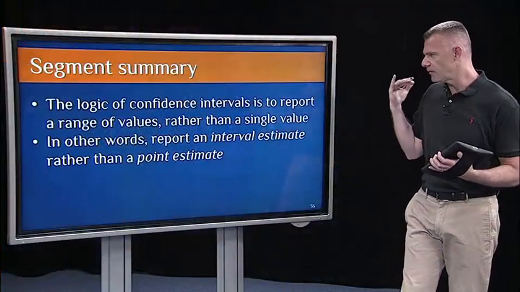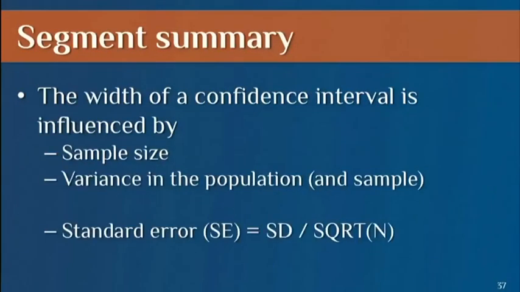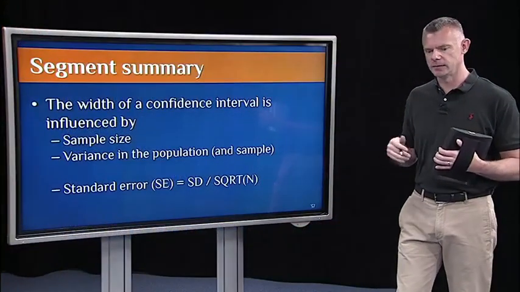So the logic of confidence intervals is to report a range of values rather than just a point. So we report an interval estimate, not a point estimate. And finally, the width of the confidence interval is going to depend on standard error. And standard error depends on sample size and variance in the population.